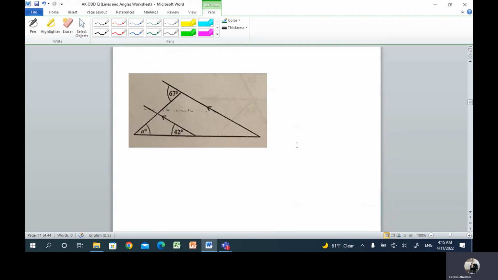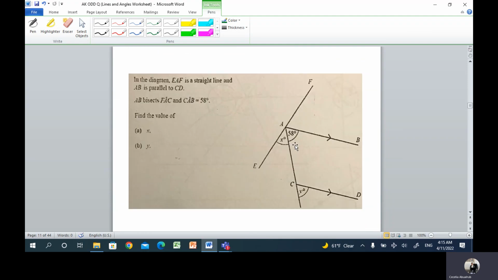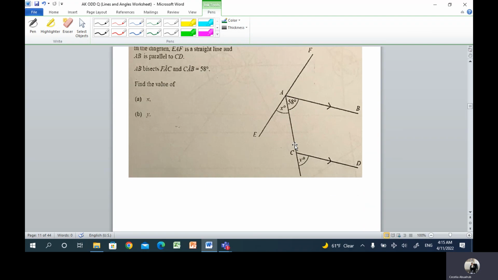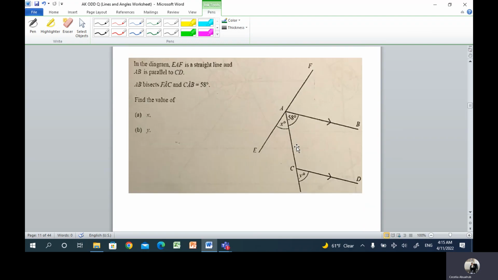Okay, so we're going to skip 12 and we're moving to this one here. We need to read the question here before we start answering it. In the diagram, EAF is a straight line and AB is parallel to CD.